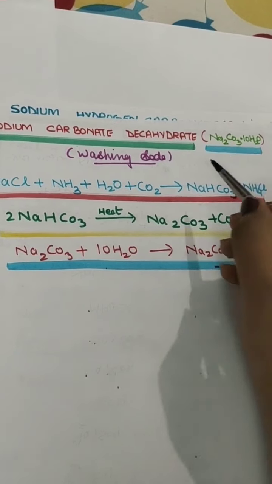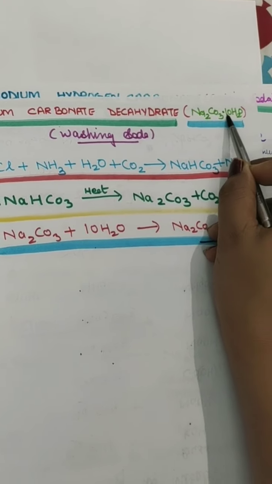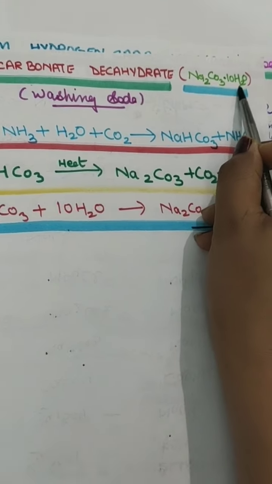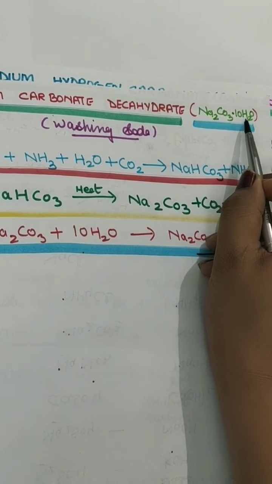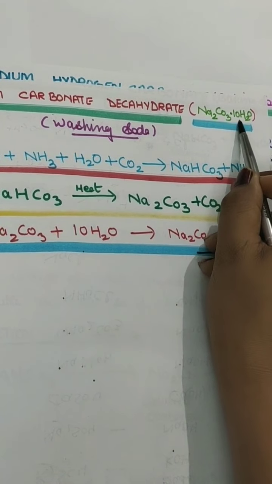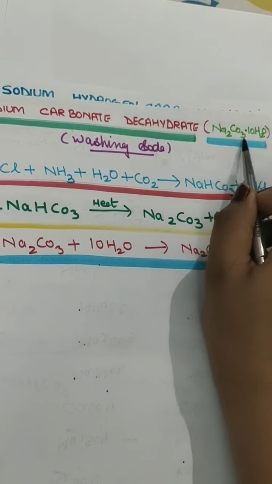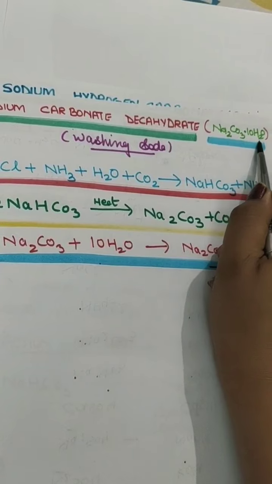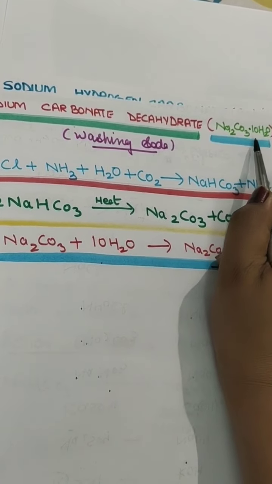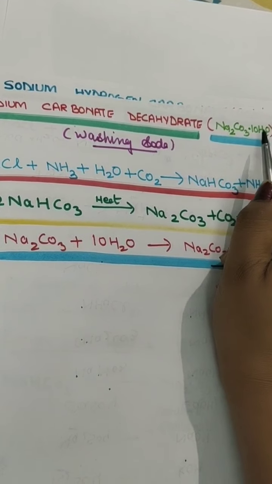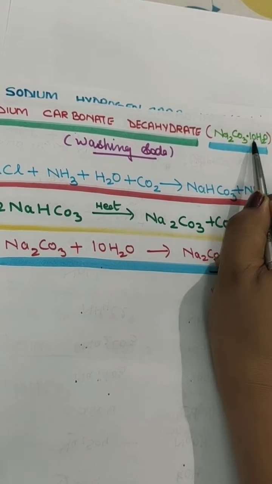Here it is Na2CO3, which you have learned in previous classes, but I have added 10H2O. So this 10H2O is the water of crystallization. These 10 molecules of water make it deca. Deca stands for 10 and hydrate means water. So these are the hydrated salts which you will touch. They will not feel wet, but in their crystal there is a definite number of molecules of water.